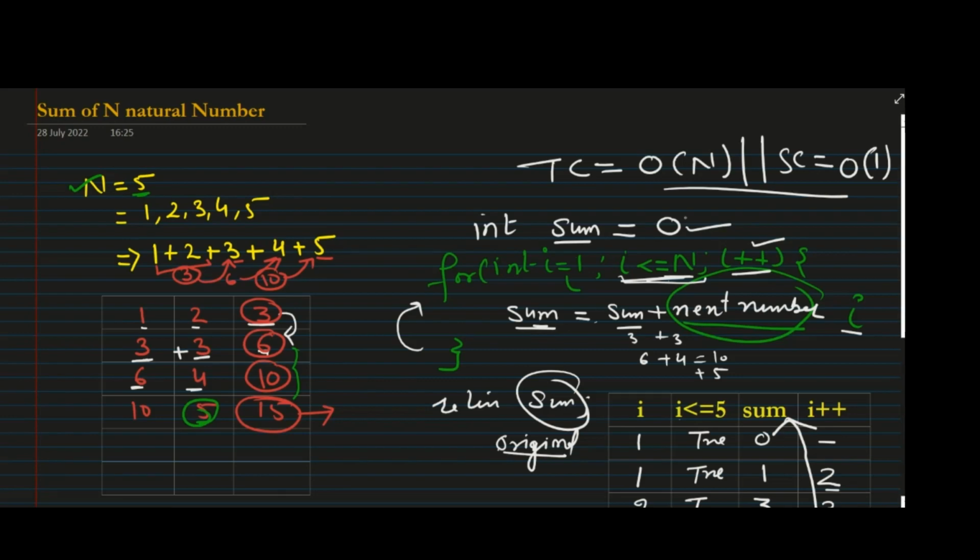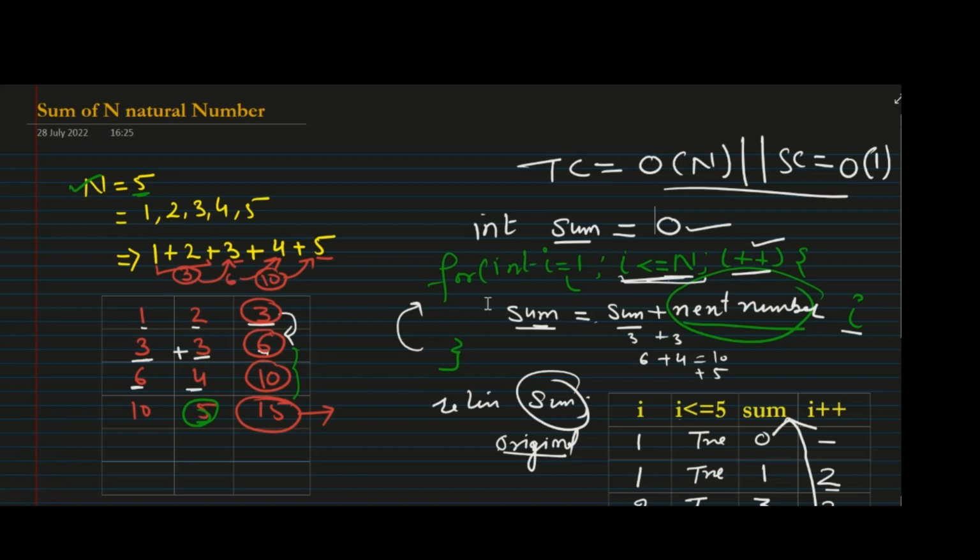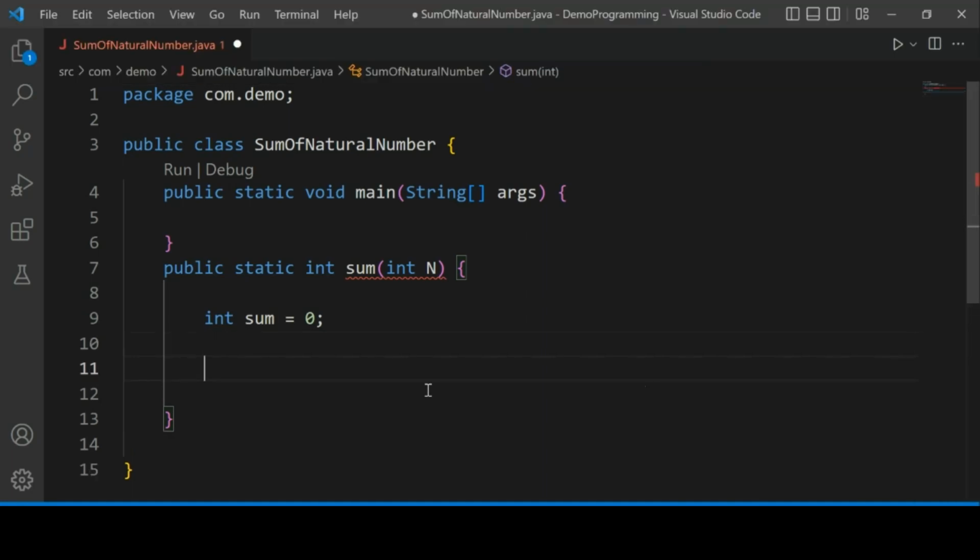Now let's switch over to VS Code. The very first step was to take a variable sum and initialize it with 0. And then start the loop, keep calculating the sum and return the sum. The loop runs until I is exactly equal to n, with I plus plus.